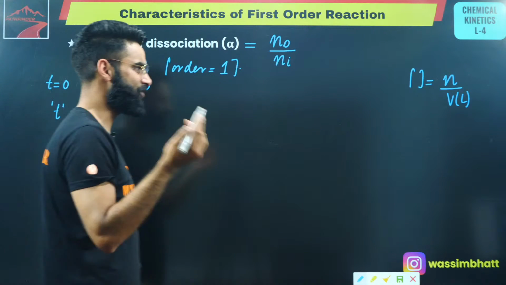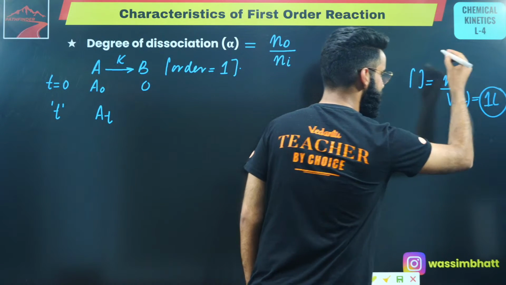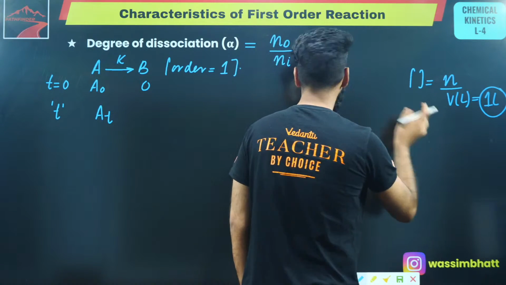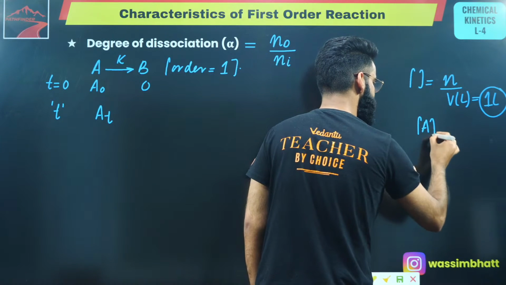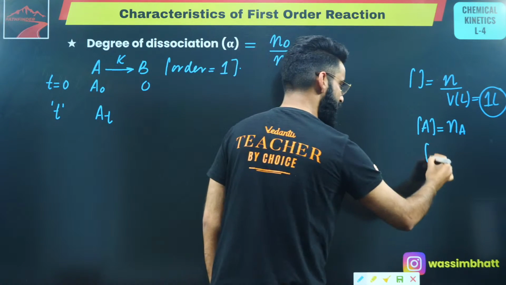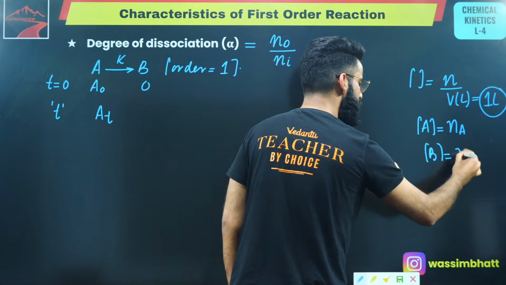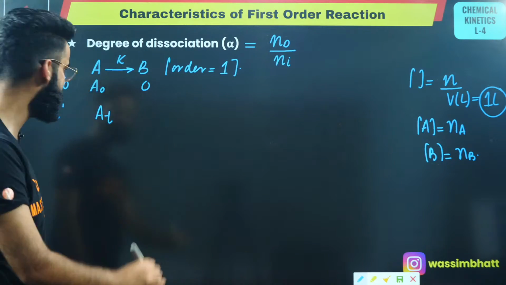Let's assume the volume of that container is 1 liter. So in this case, the concentration of A will be equal to the number of moles of A. Similarly, the concentration of B will be equal to the number of moles of B, because the volume of the system is 1 liter.